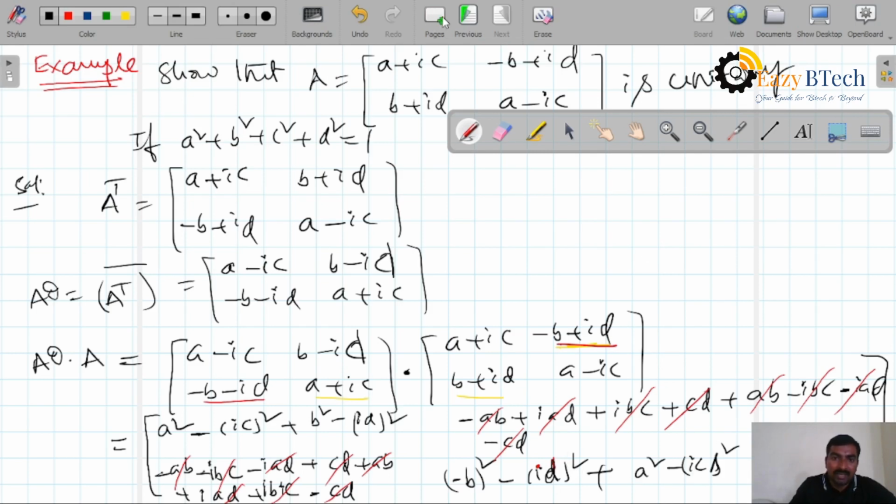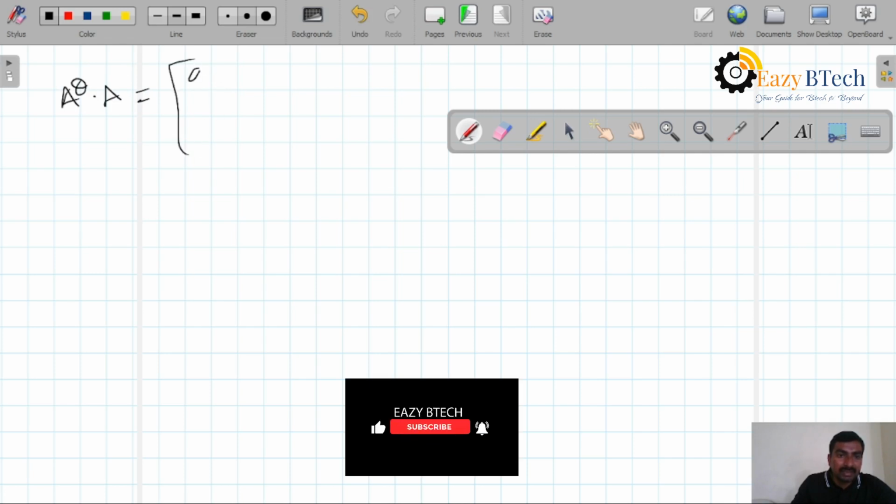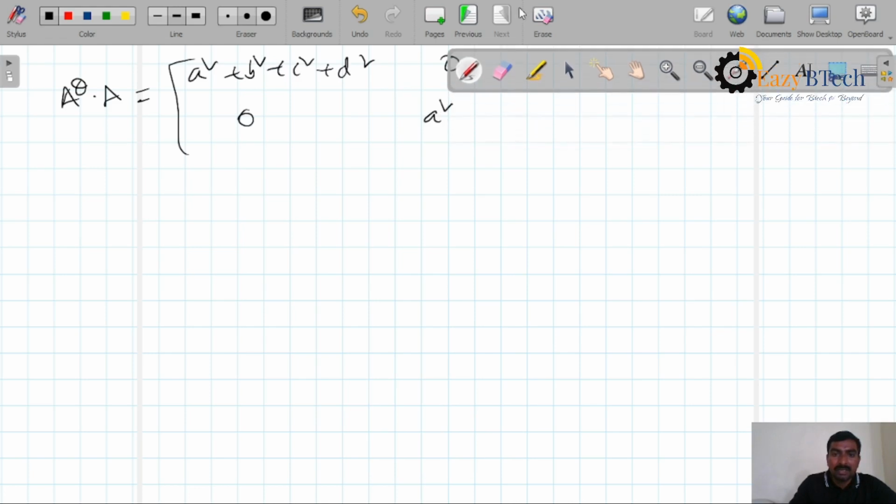Therefore here the final answer is A power theta into A equals to A square plus B square plus C square plus D square. Here this term is 0, here also this term is 0. Here again you will get A square plus B square plus C square plus D square. So here we will get this one.